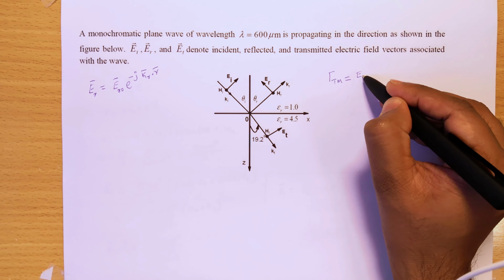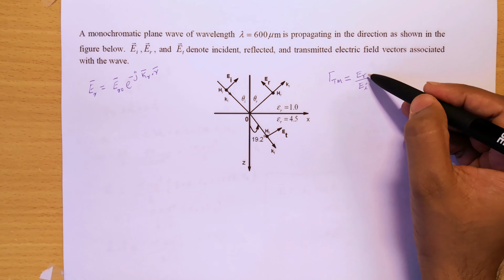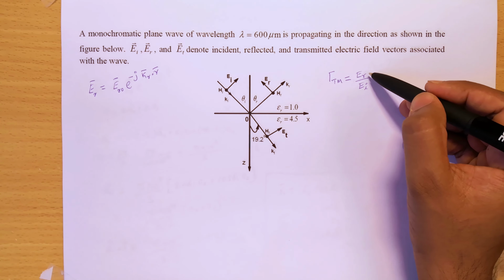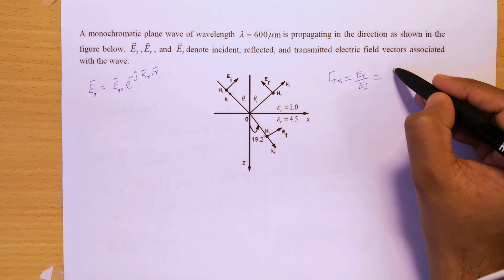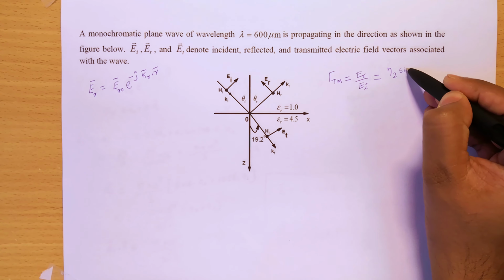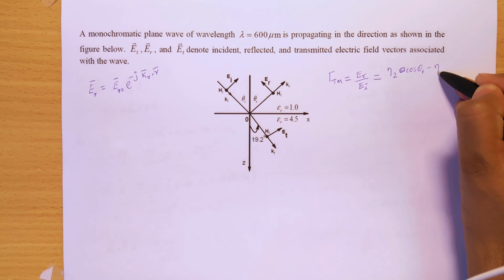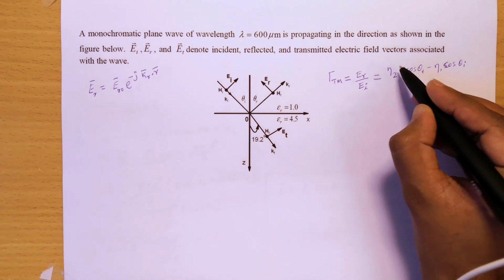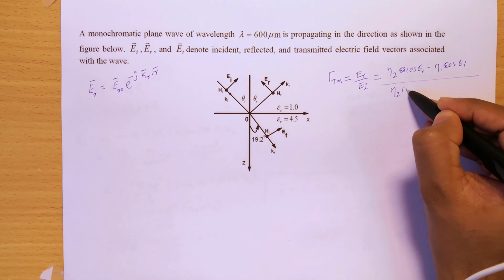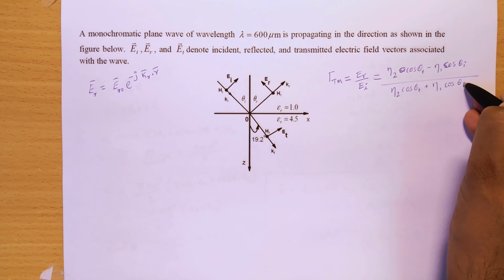which is ER by EI, the magnitude of the reflected electric field divided by the magnitude of the incident electric field, equal to (eta 2 cos theta t minus eta 1 cos theta I) divided by (eta 2 cos theta t plus eta 1 cos theta I).